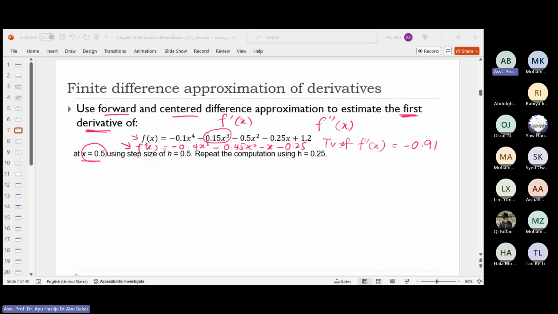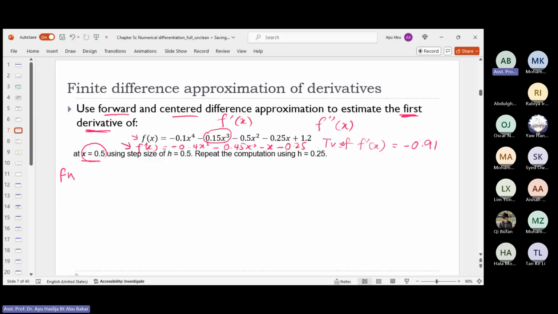Okay, now we proceed with the differentiation at x 0.5, h 0.5. Forward and centered. So first thing, we need to know what is the equation involved.